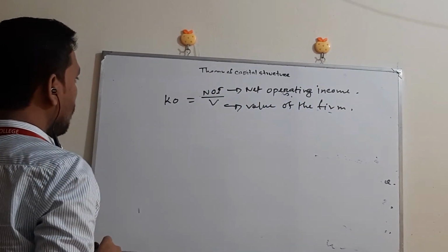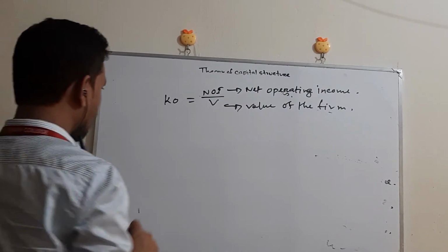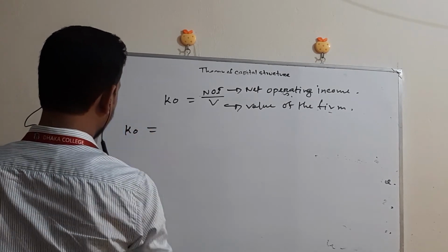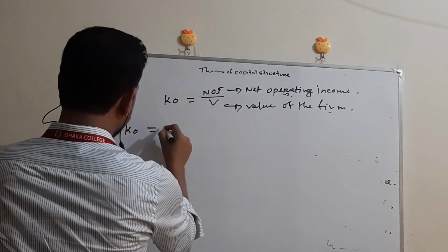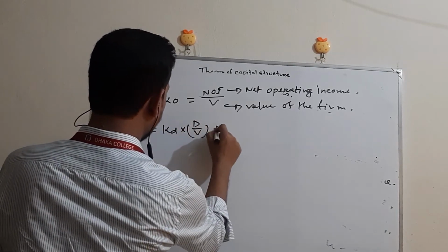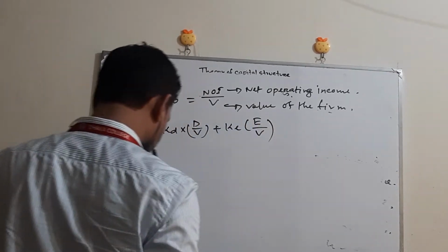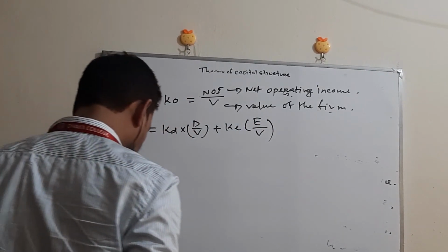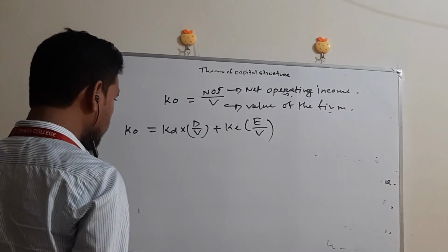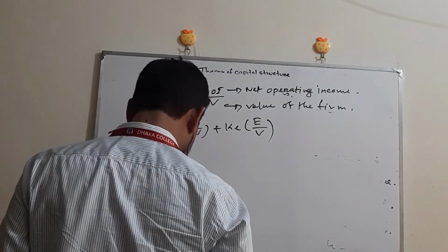So the overall cost of capital equals NOI by V, or in another way, KO equals KD into D by V plus KE into E by V. We already learned this.